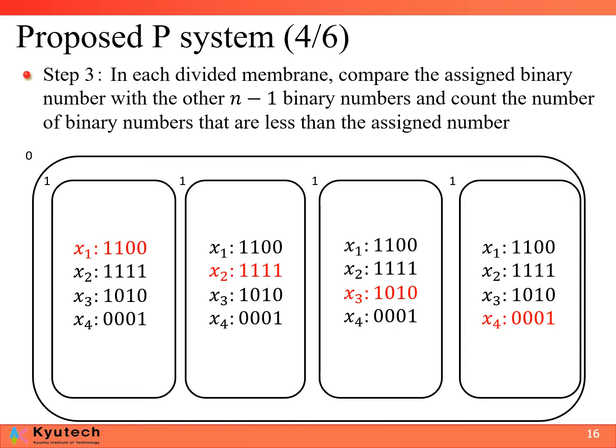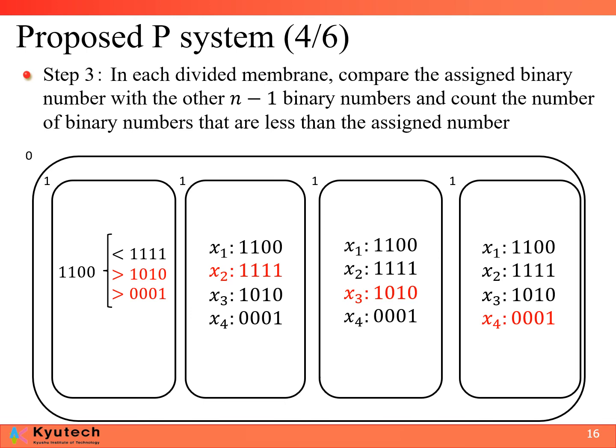In step 3, the assigned binary number is compared with the other n-1 binary numbers, and the number of binary numbers that are less than the assigned number is counted in each inner membrane. For example, in the leftmost inner membrane, the assigned number x1 is compared with the other 3 binary numbers.